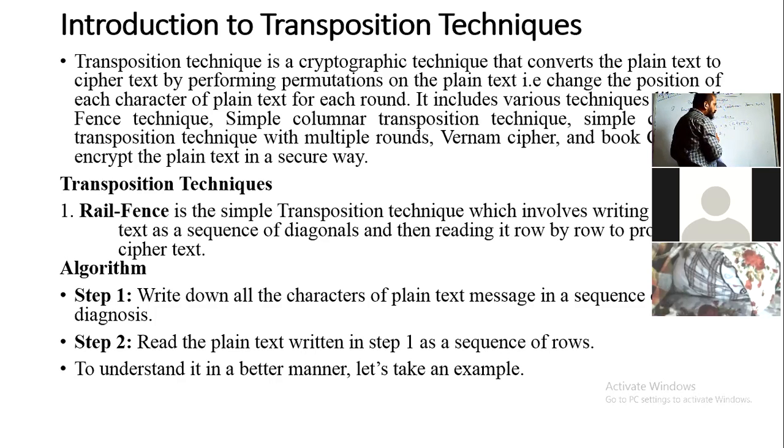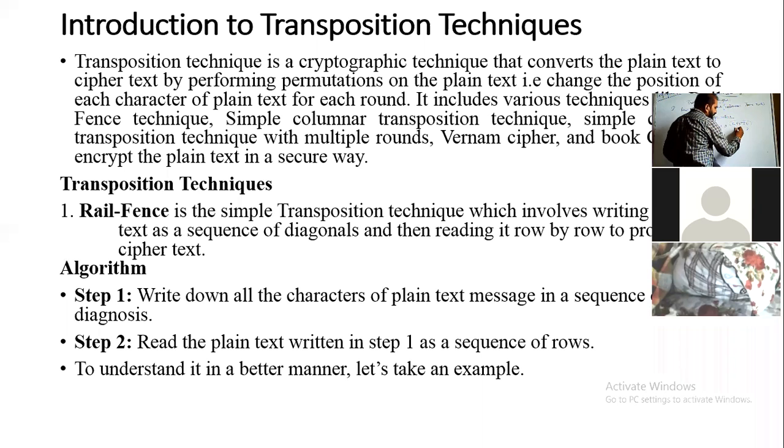After O, which letter comes next? M, N, O, P. P is labeled as 3. Okay, listen carefully: this is how to convert letters into the key in case of the row transposition technique. Then after P, which letter comes next?